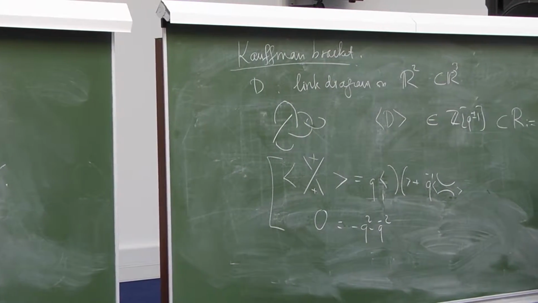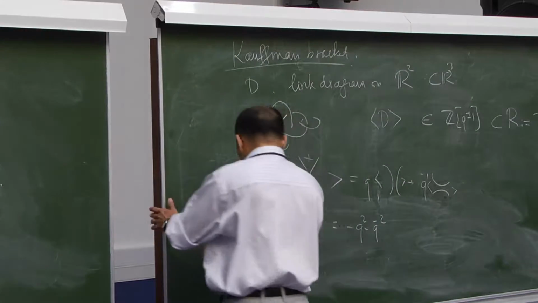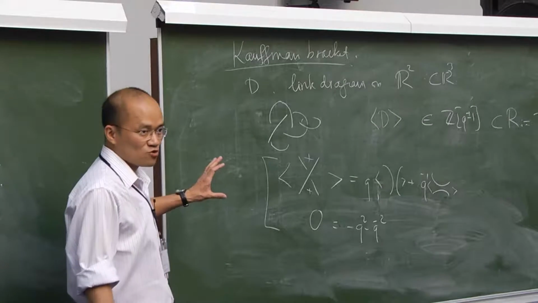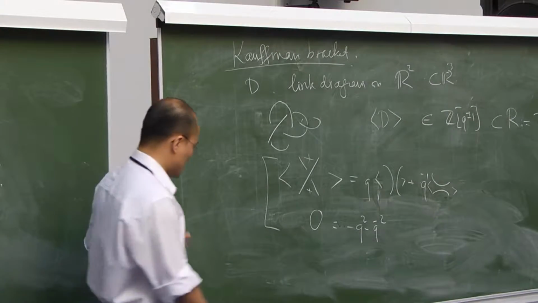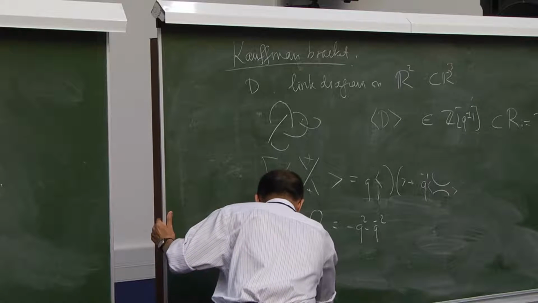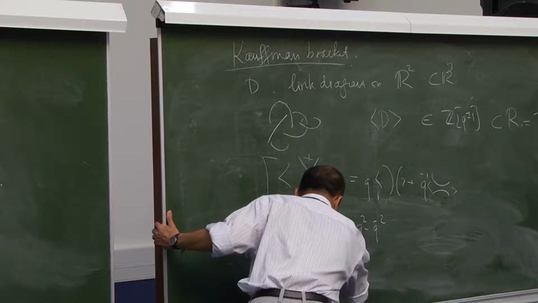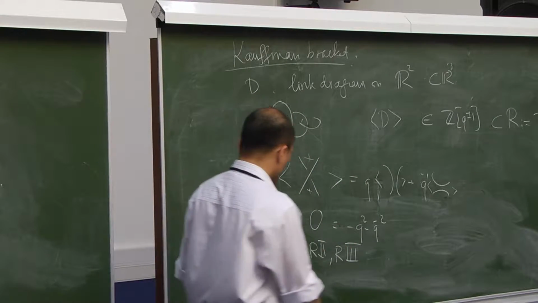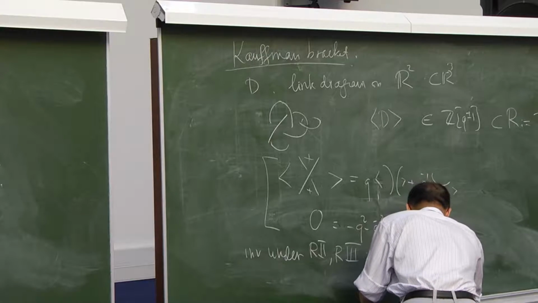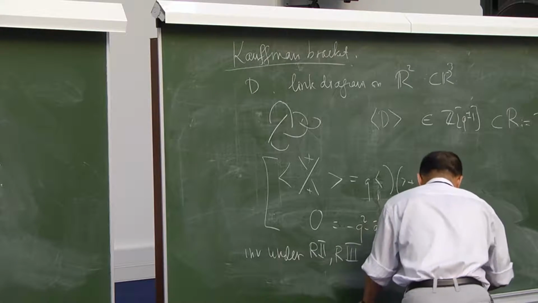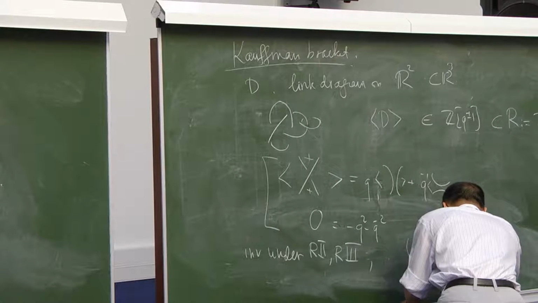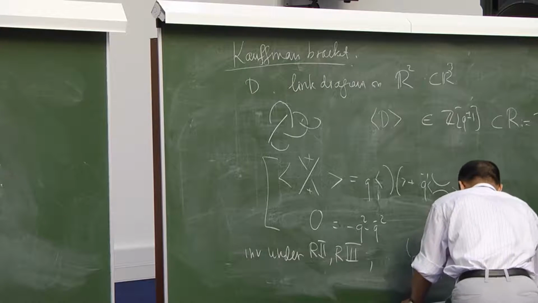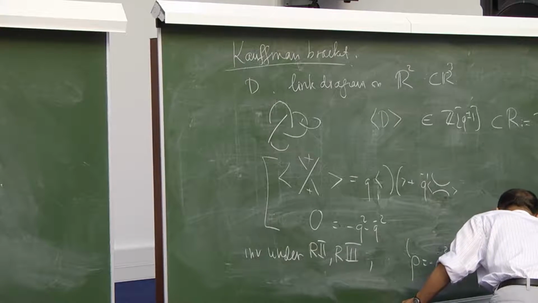Okay? So with these two rules, you can calculate the value of any link diagram on the plane. And then Kauffman, well, it's very simple, showed that this is invariant under Reidemeister move 2 and Reidemeister move 3 of links on the plane, and under Reidemeister move 1, you have this simple factor of minus q to the minus 3.